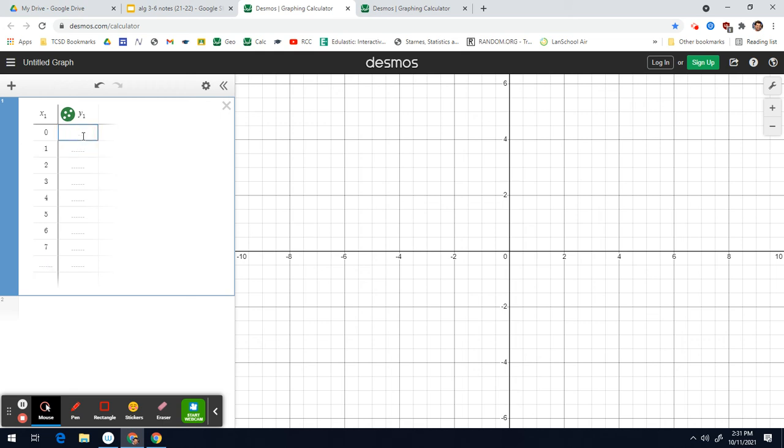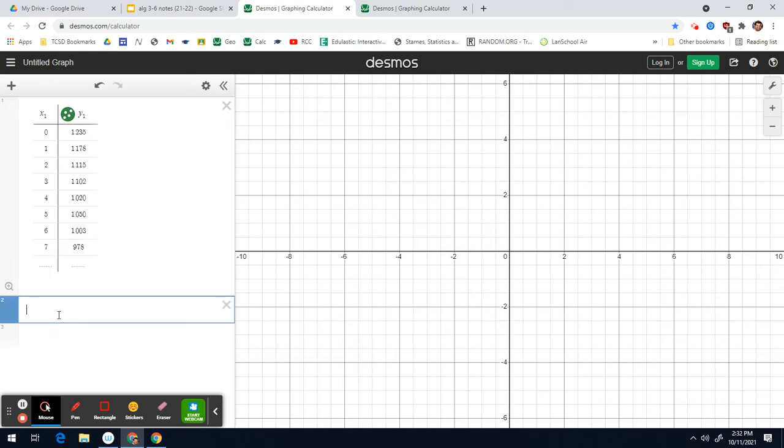And then the students: 1235, 1178, 1115, 1102, 1020, 1050, 1003, and 978. Okay, so that's the data. Once we get the table, I'll start writing. So we got the table.